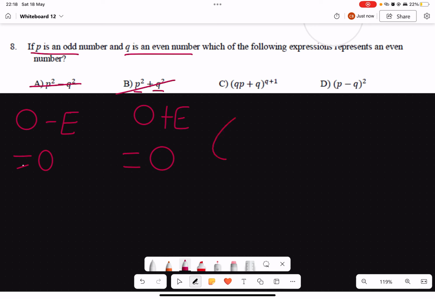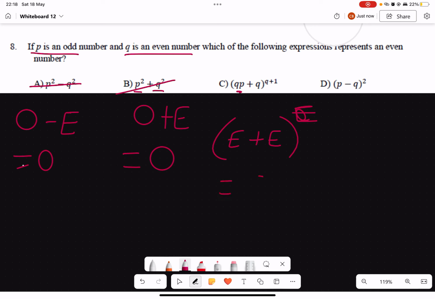Let's get this one. So C, multiplication of odd and even, it's even. Even plus even to the power odd plus 1. Odd plus 1 is always even. For example, 5 plus 1 is 6, which is even.